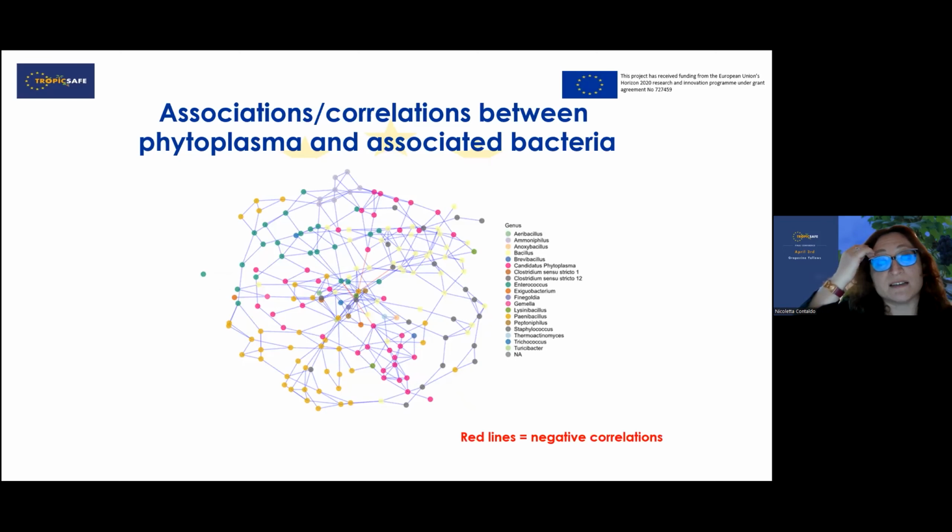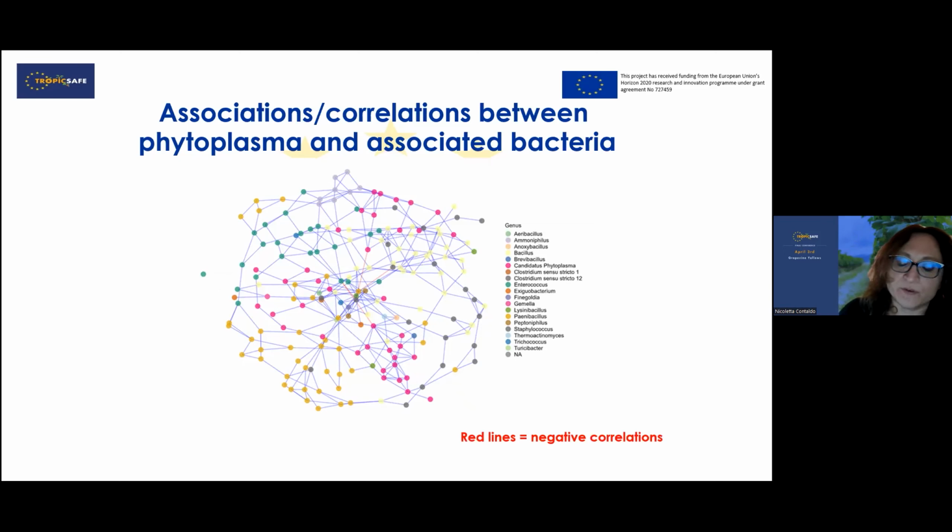The most informative relationship would be the negative correlation of phytoplasmas with other bacteria, but these analyses are still in progress, so we don't know exactly which genera are negatively correlated with phytoplasmas.